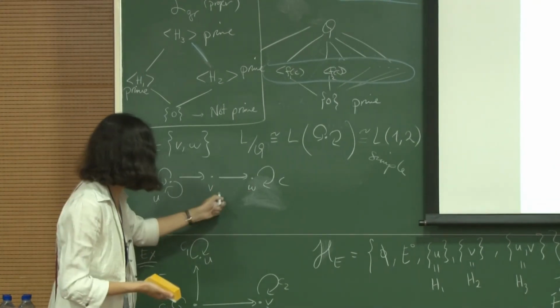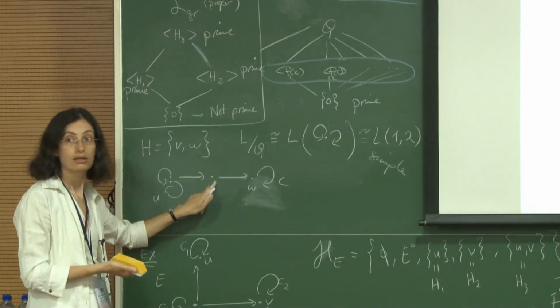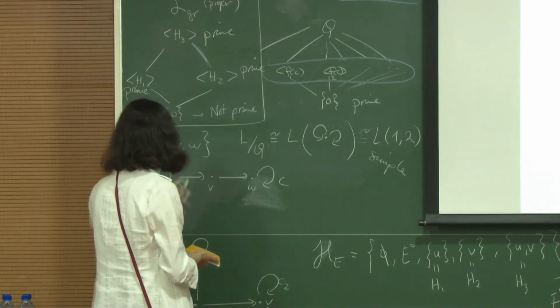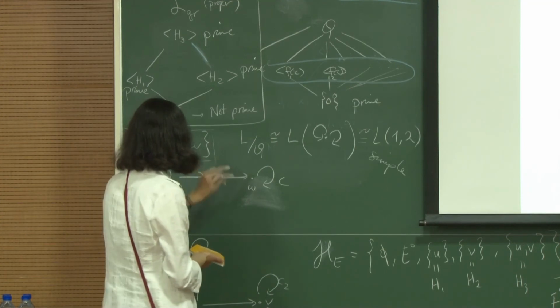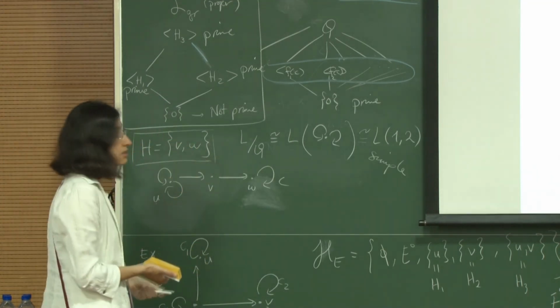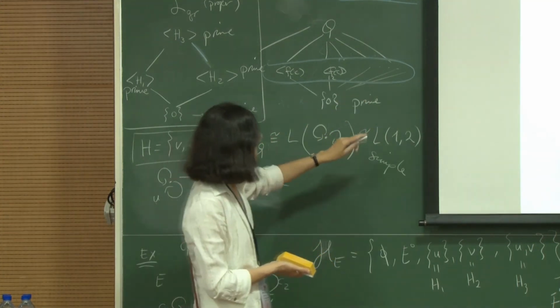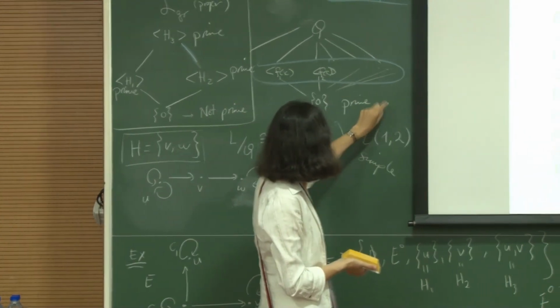Yes, correct. You have V in it because you can go back to be saturated. So that's the only non-trivial hereditary saturated set that you have. Zero is prime because we said it satisfies downward directed in empty.